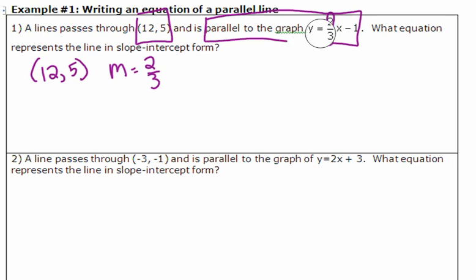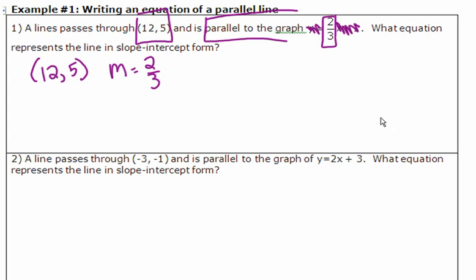The only thing we get from this equation right here is the slope. You don't use anything else from it. So the only important piece of information here is the 2/3. Everything else you ignore. Once I have my slope and my point, I'm going to write it in point-slope form.